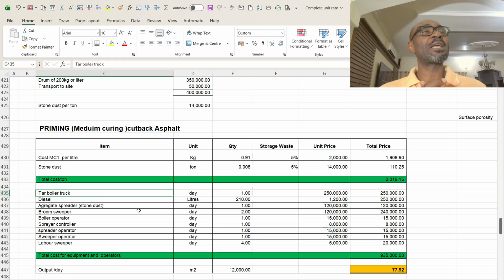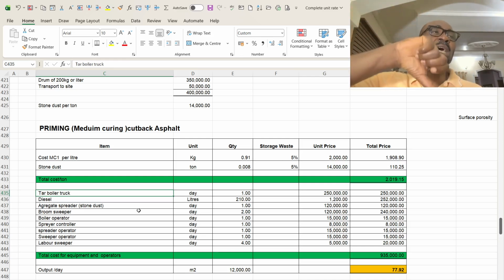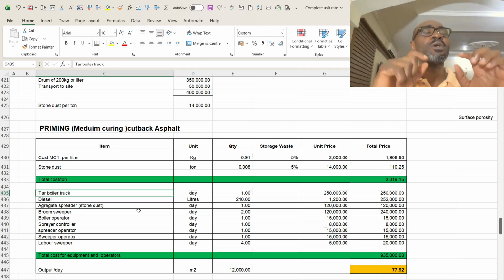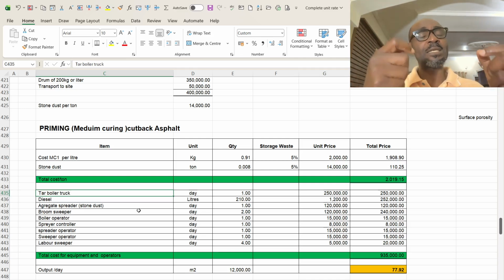The tar boiler is a truck that looks like a water tanker, but it has a heater attached to it that boils the MC1 that is poured into that tank to a certain degree, so as to enable the free flow of the primer through the nozzle.